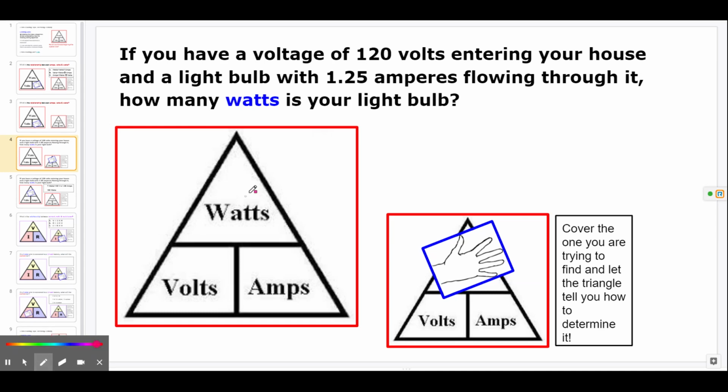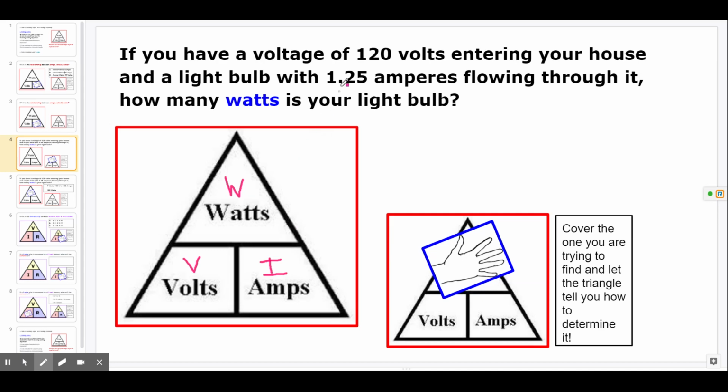The one thing we want to remember is wattage is measured in the unit watts and abbreviated with the letter W. Voltage is measured in the unit volts and abbreviated with the letter V. The tricky one is current. Current is measured in the unit amperes or amps, and it's abbreviated with the letter I. So that's the tricky one.